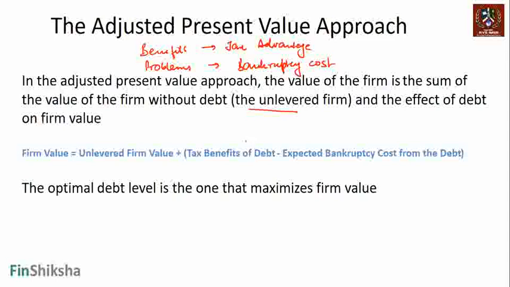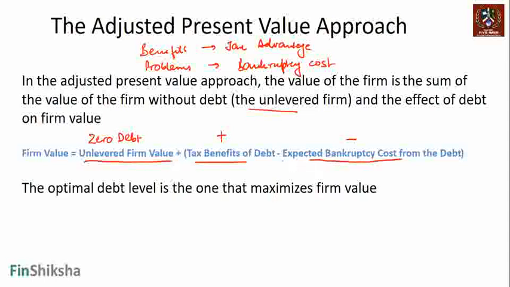So technically, let's say the firm has zero debt. That is the unlevered firm value, which assumes the firm has zero debt. If the firm takes debt, then what comes because of the debt is the positive impact, which is the tax benefits of debt, and the negative impact, which is the expected bankruptcy cost from debt.